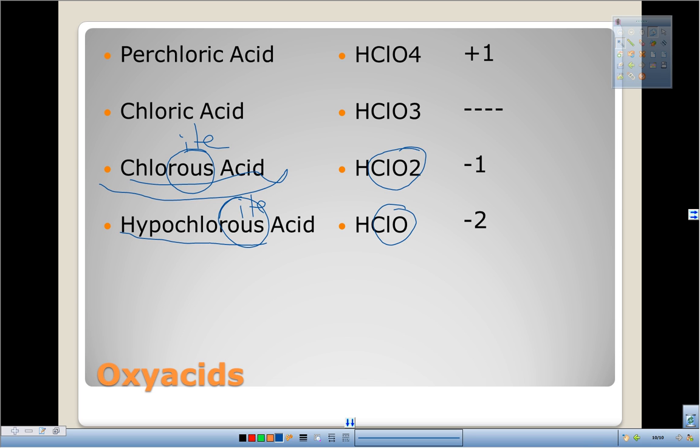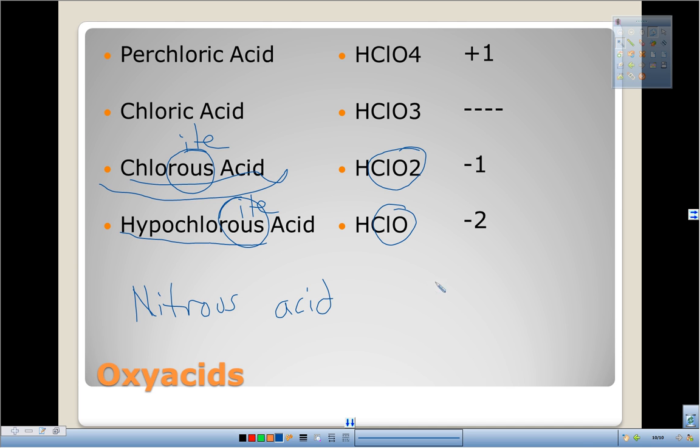So maybe Will can do another one for us since he knows all of these. Will, what would be the formula for nitrous acid? Oh, you would need a polyatomic ion sheet out because you probably don't have it. Maybe you have it memorized. Pretty smart. I don't have it memorized quite yet.